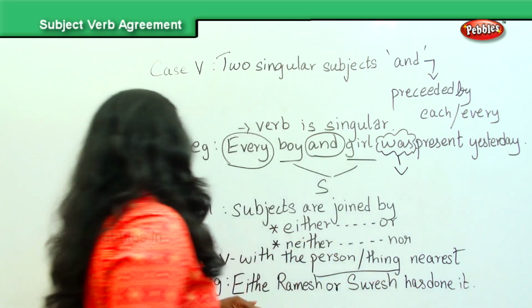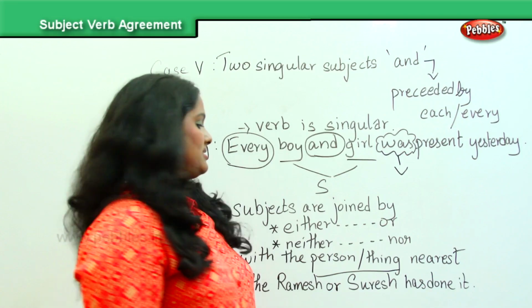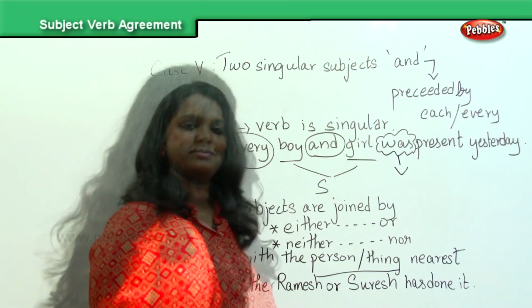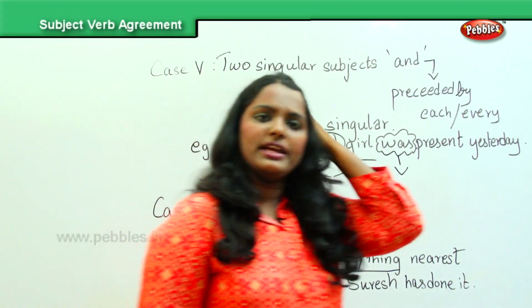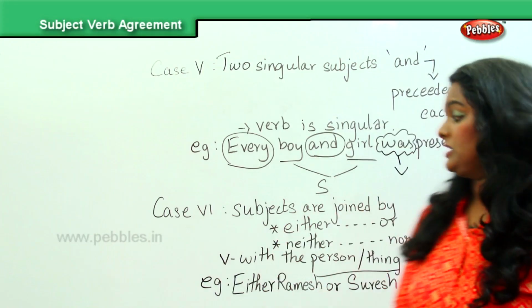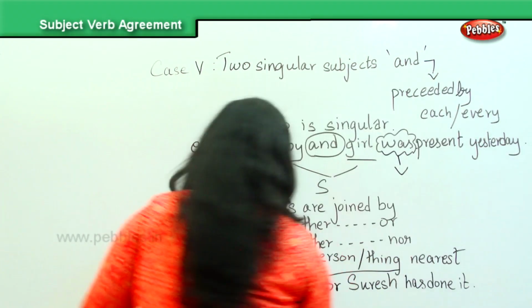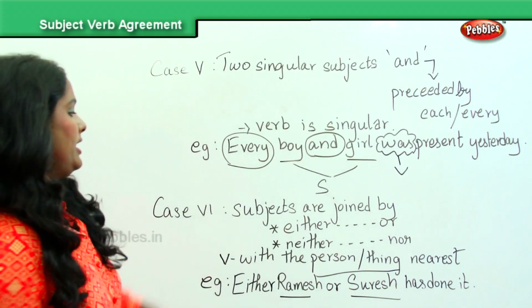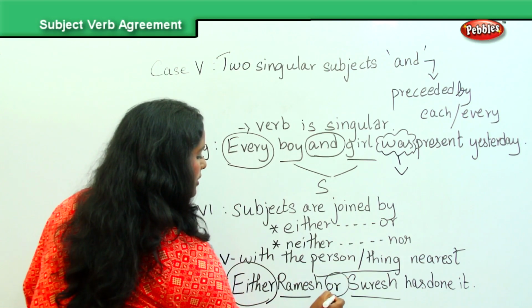Either Ramesh or Suresh had done it or has done it, depending upon the tense. Either Ramesh or Suresh has done it. That is what my example says. So, see, if you can see, we have two subjects, right? They are joined by either or.